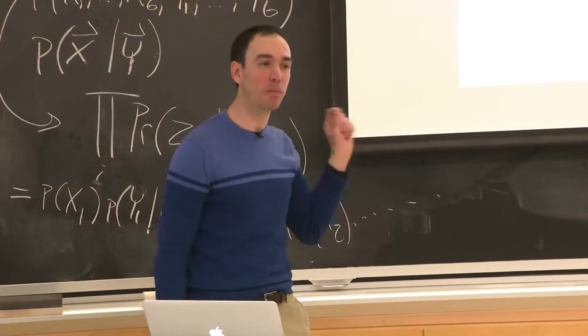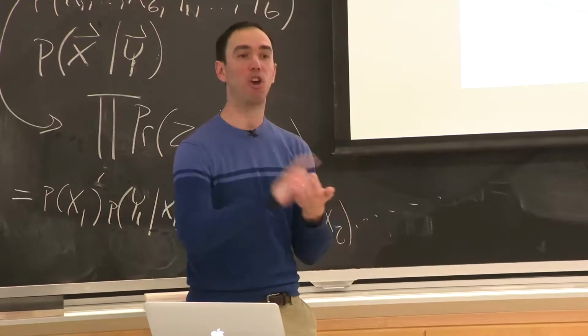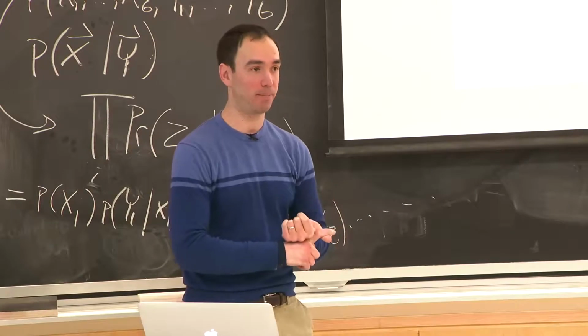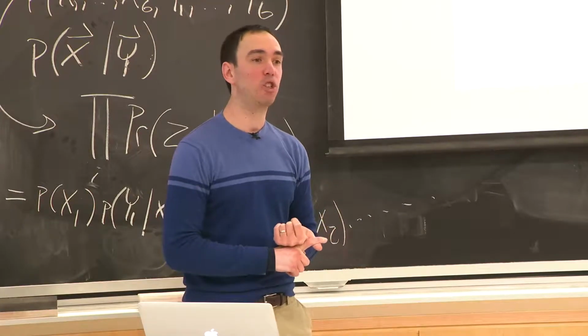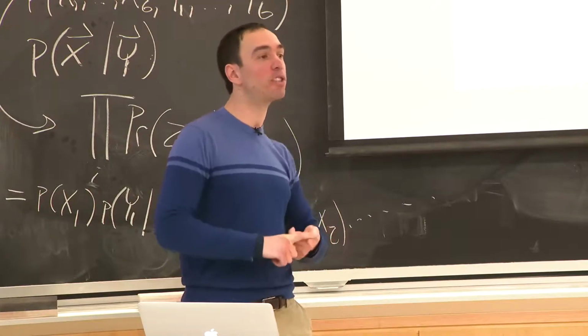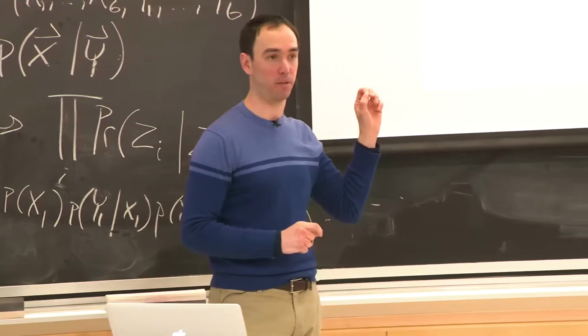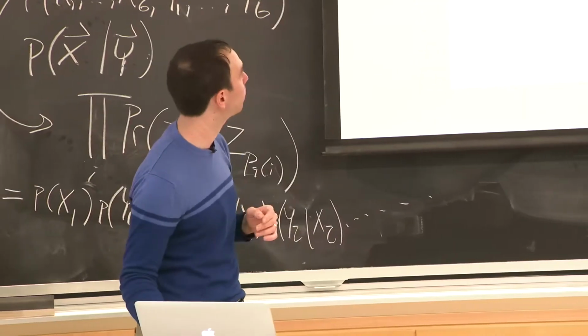Okay? So this is going to be an example where we have no labeled data or very little labeled data. And we're going to do unsupervised learning of this model, but we're going to use a ton of domain knowledge in order to constrain the model as much as possible. So what is that domain knowledge?